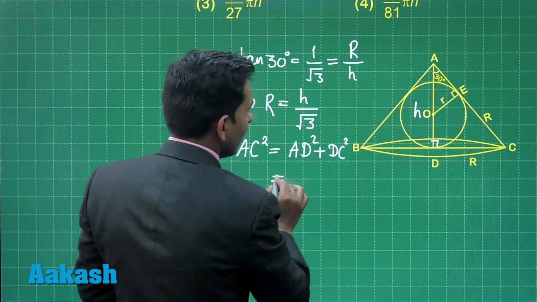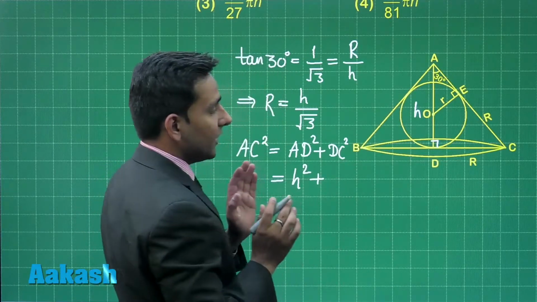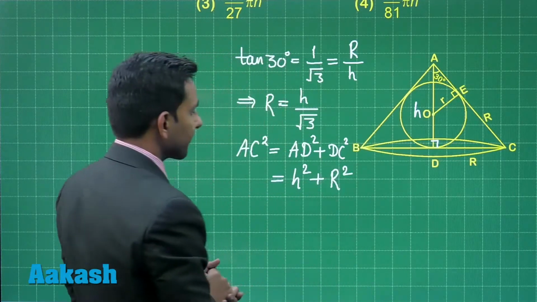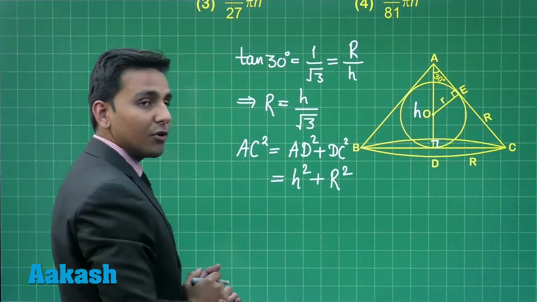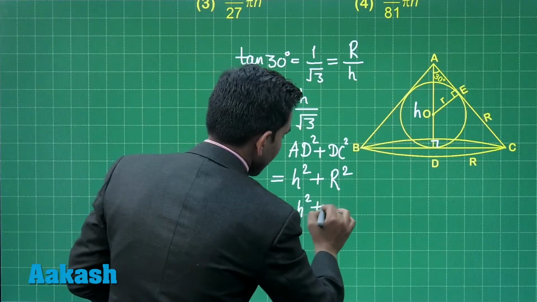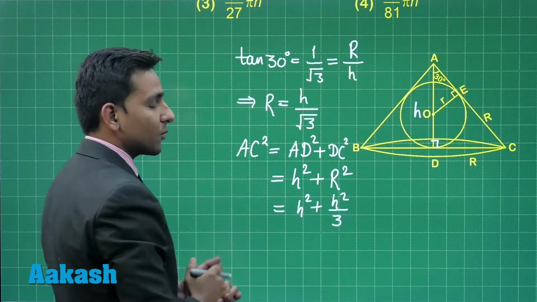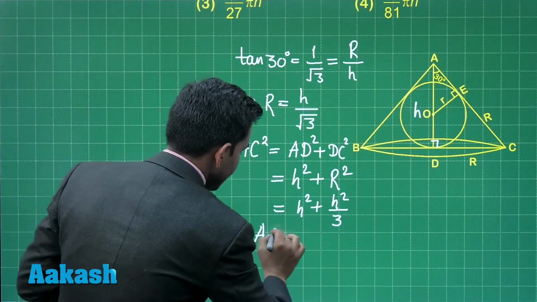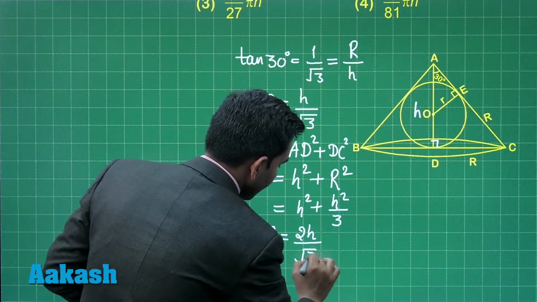So here the length of AD is the height of the cone, and DC is the base radius of the cone, that means capital R square. So when we put the value of R is equal to h upon root 3, what will we get here? We'll get h square plus h square upon 3, that means 4h square upon 3. That means the length of line segment AC is equal to 2h upon root 3 units.